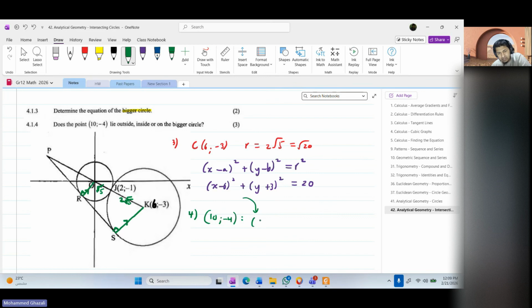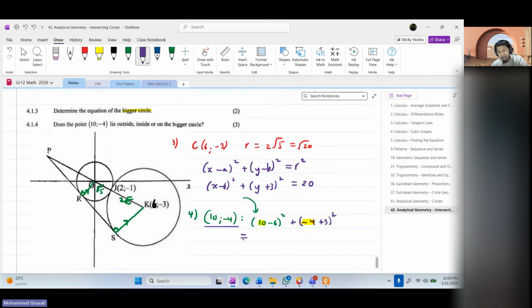X value is 10, so 10 minus 6 all squared. Where did I substitute the 10? In the place of x. Plus y is -4 plus 3 squared. Where did I substitute the -4? In the place of y.